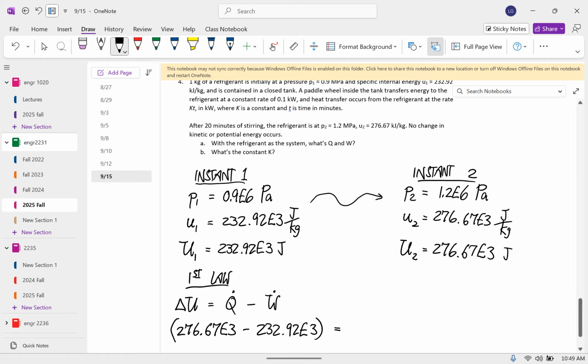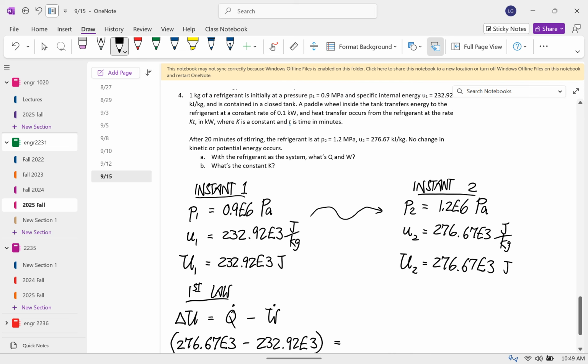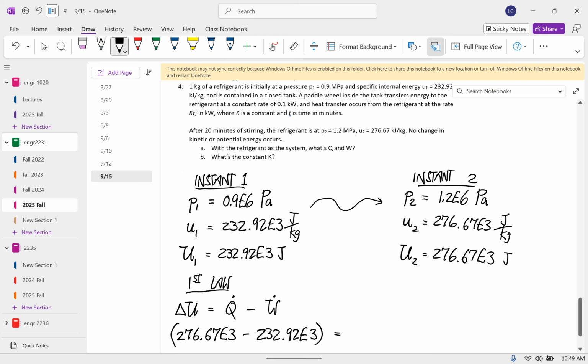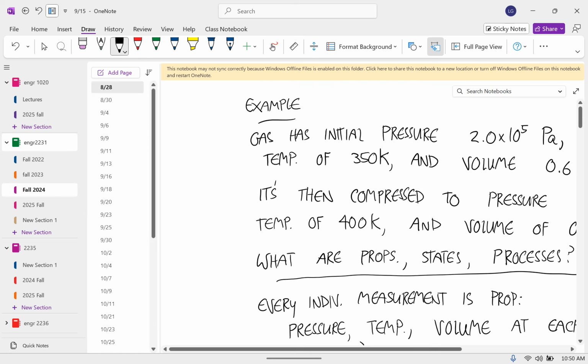And that is equal to, closed tank. Okay, so the paddle wheel transfers energy, so it's doing work onto the refrigerant, and that's the energy. Well, yeah. So, shoot.